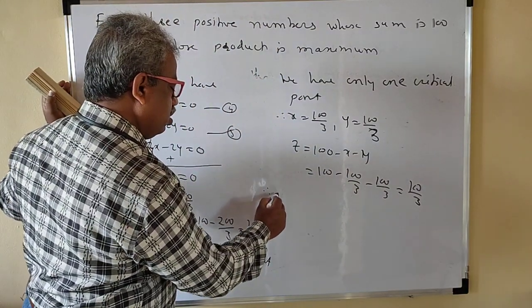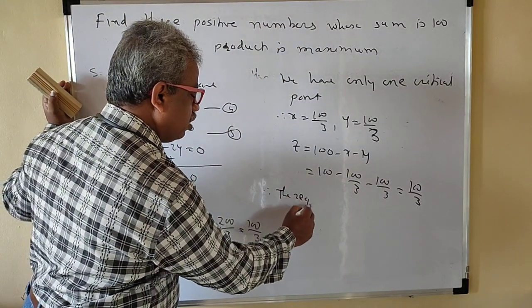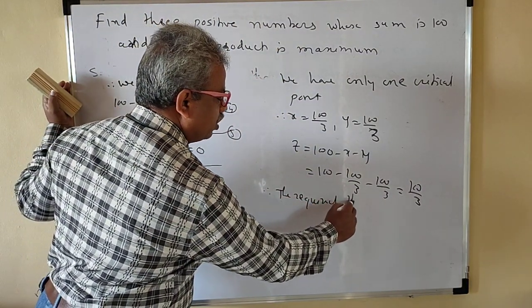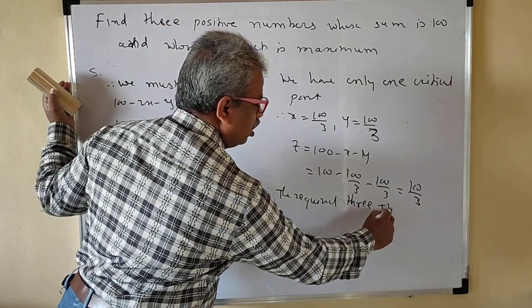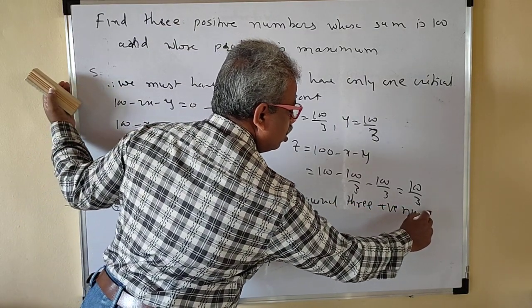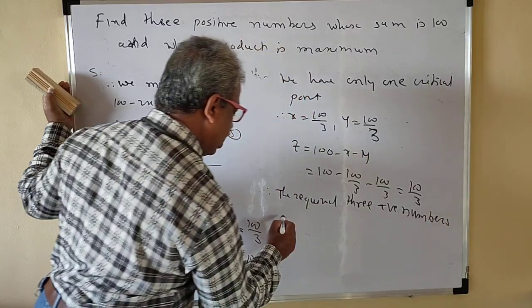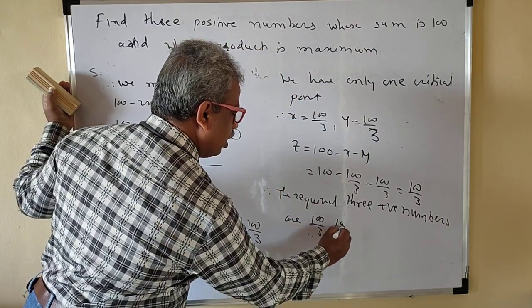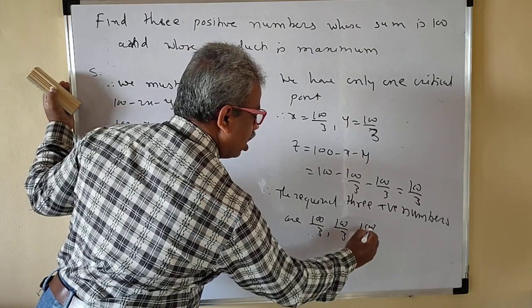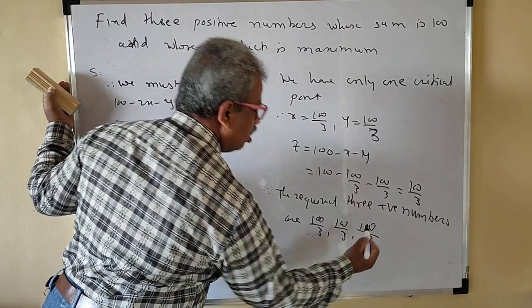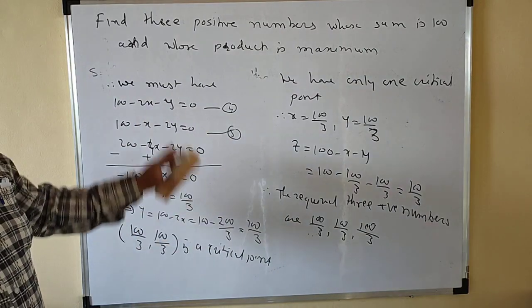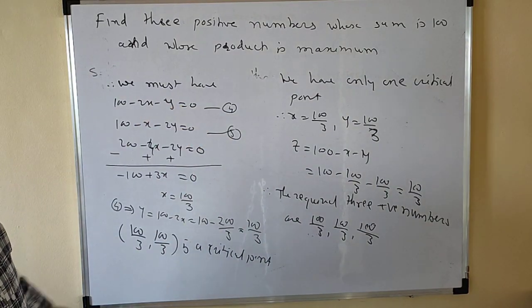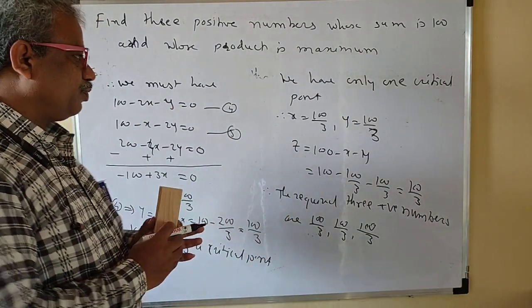So therefore, the required three positive numbers are 100 by 3, 100 by 3, 100 by 3. Okay. So these are the three required numbers so that this product is maximum.